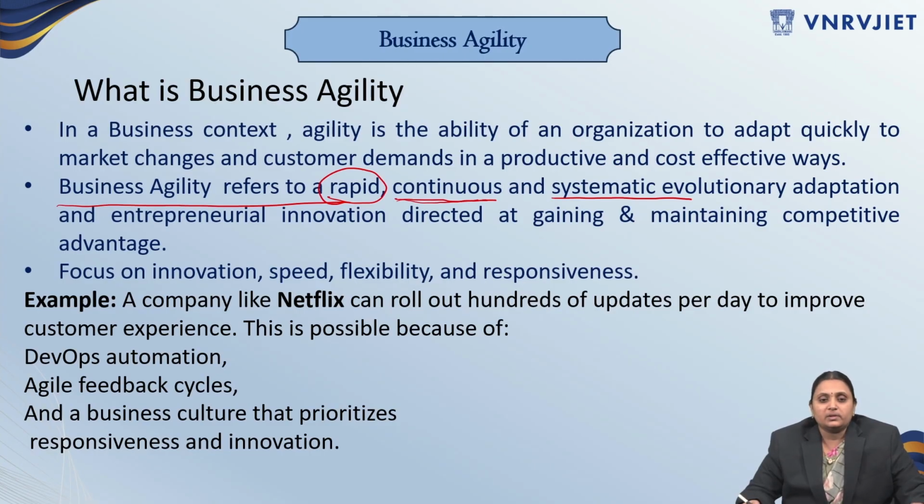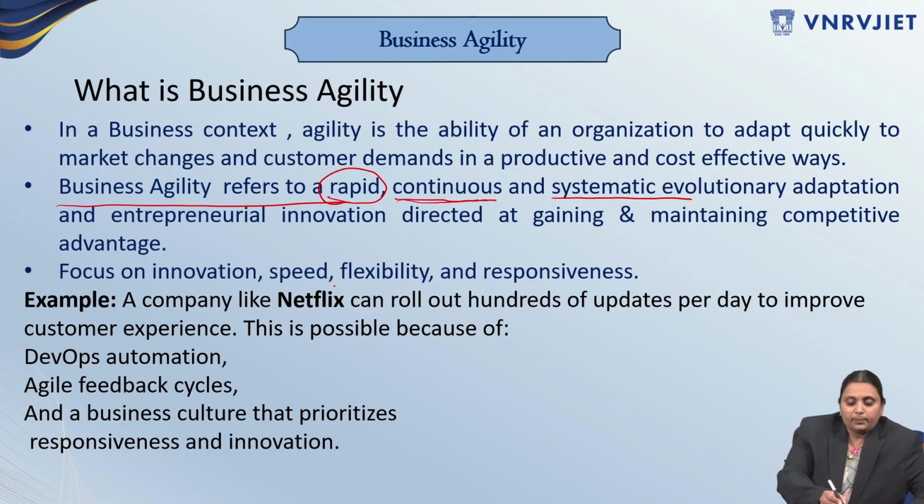Then only the business will grow, they will capture other market segments and improve their business. Business agility mainly focuses on innovation, speed, flexibility and responsiveness to the customer. These are the basic points to keep in mind about business agility.